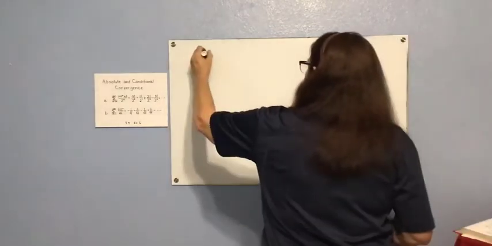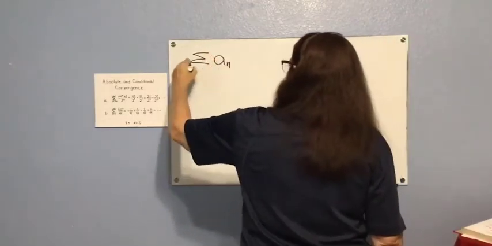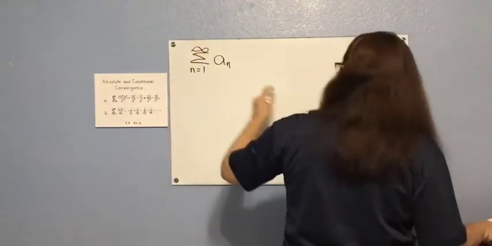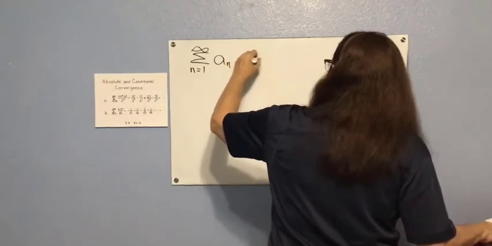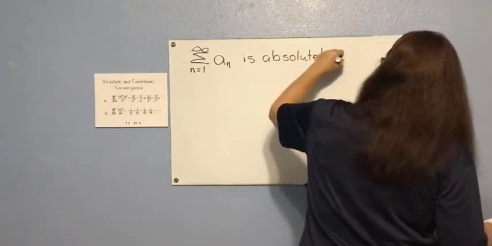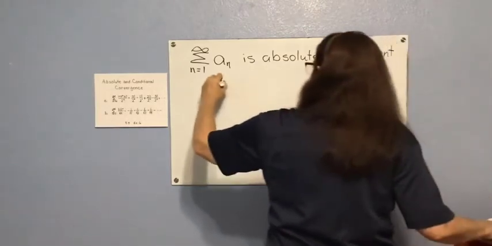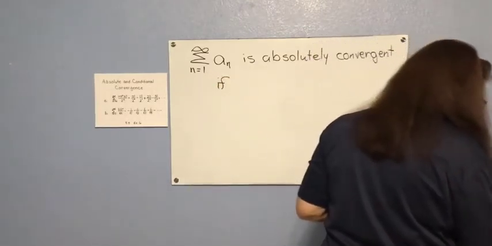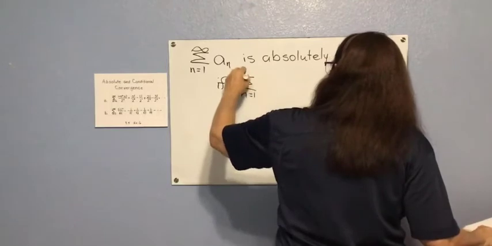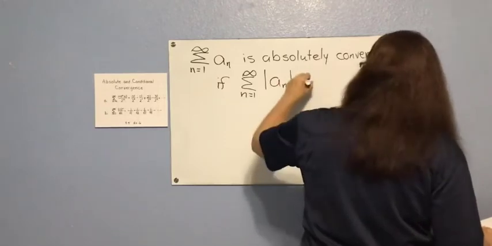Okay, to define absolute and conditional convergence, this is absolutely convergent if this converges.